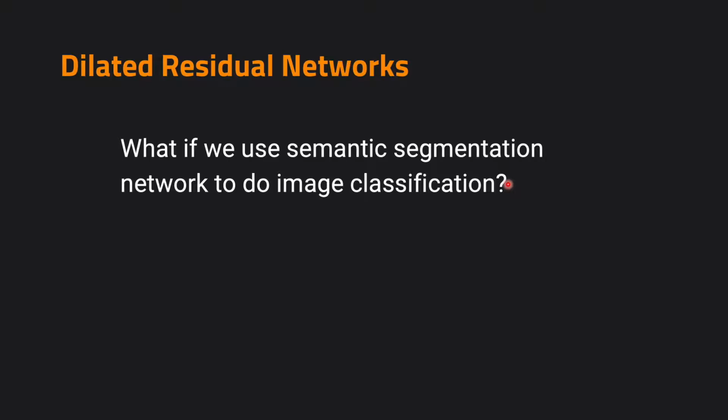So far, we have resolved the question of what we want to do if we want to design a network for semantic segmentation directly, and how we can leverage the filters learned from image classification. And what if we want to do it the other way? That is, can we use a semantic segmentation network to do image classification?